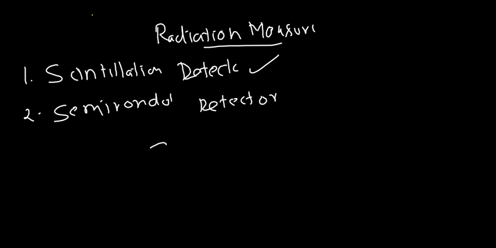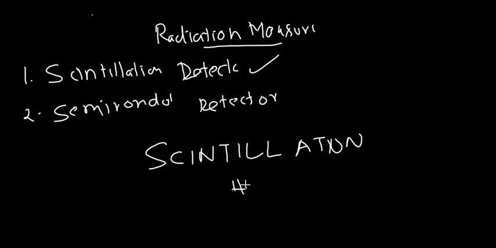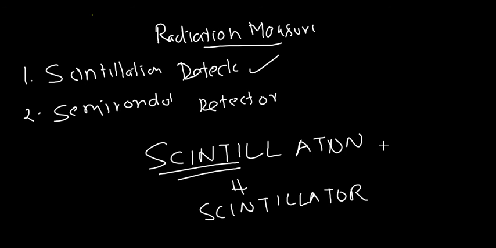See the name, scintillation. I'll just write it. Scintillation is done by means of a scintillator. Scintillation is a mechanism which is done by means of a scintillator. So what do I mean by scintillate? The meaning of this particular term is to glow.